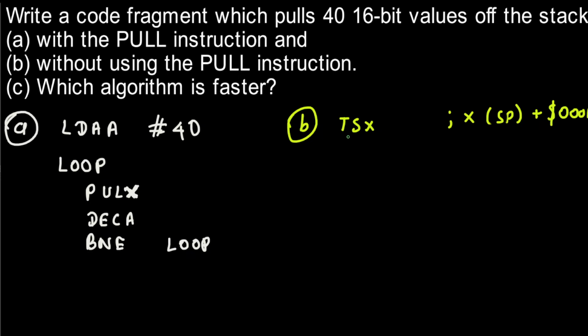We transfer that to X, then we exchange X with accumulator D, XGDX. Once it switches, we now add 40 to accumulator D.